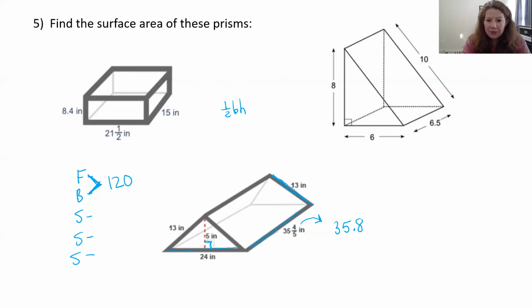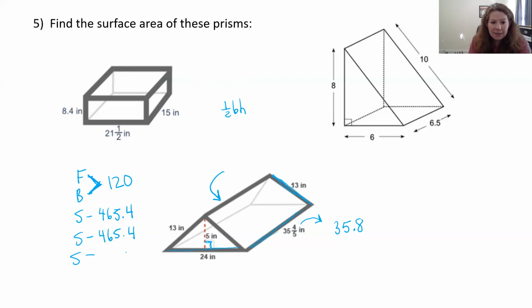So I'm going to multiply 35.8 times 13, and I get 465.4. And there's actually two sides that are the same. This side over here that we can't see, the one in the back, is also the same dimension. So I'm going to write 465.4.